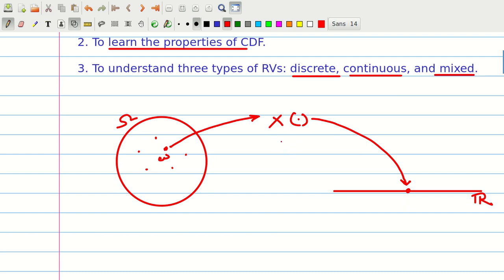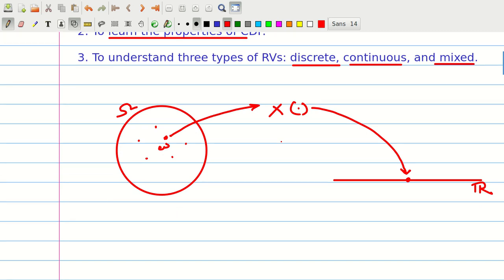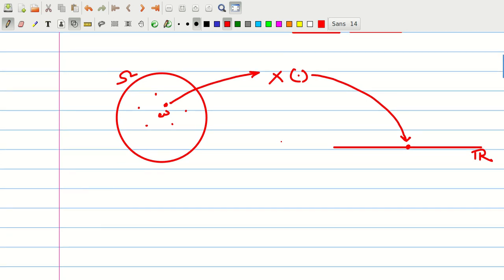So how to characterize this random variable X? The random variable X is characterized in terms of its distribution function. So let us clearly write it. How to characterize a random variable?